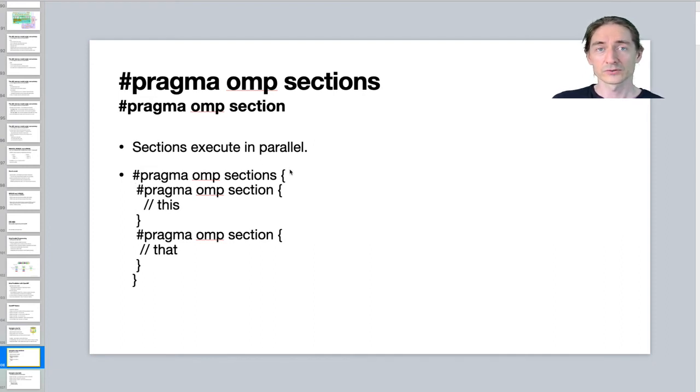Each one of those can run on a different core. So here it'll actually cut up this sections block into multiple tasks, and each one of these internal sections will be added to a work queue, and then those will execute on whichever core is available.